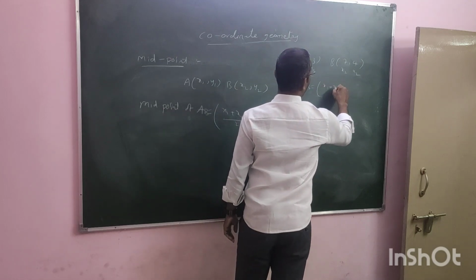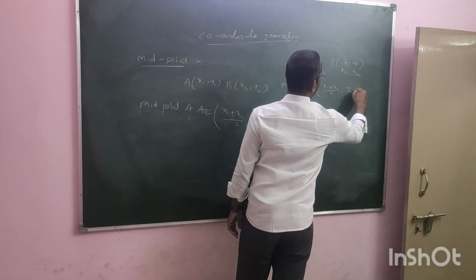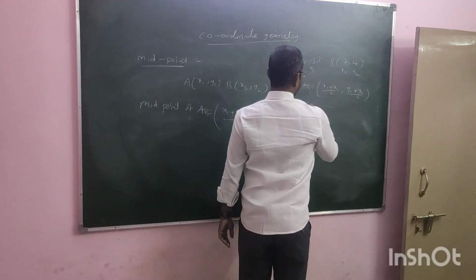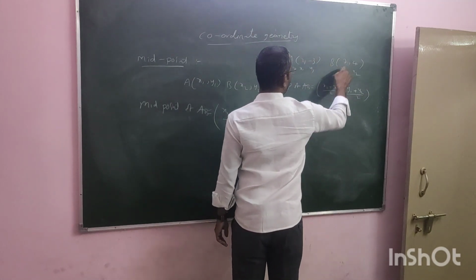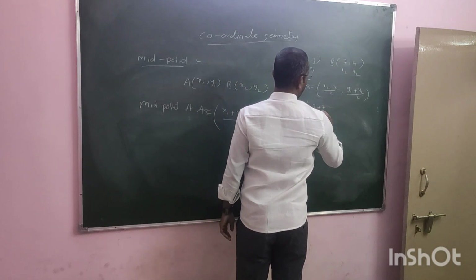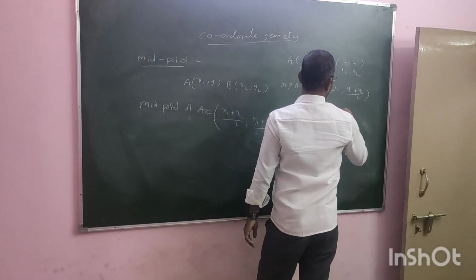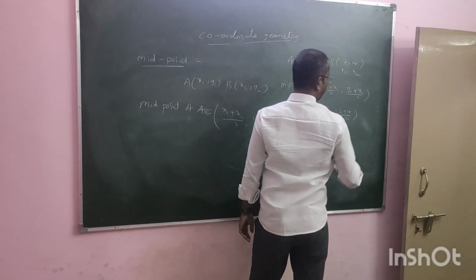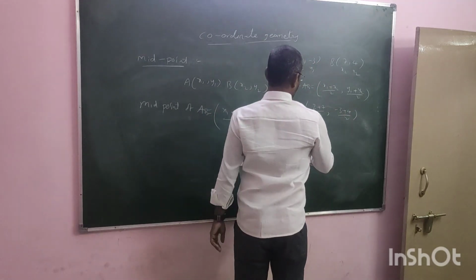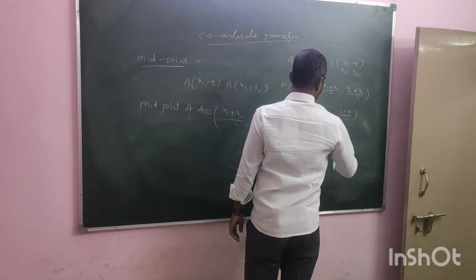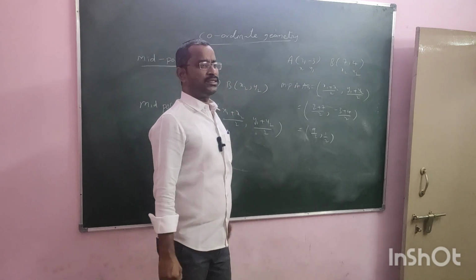Once you can write the formula, x1 plus x2 by 2, y1 plus y2 by 2. What is x1 plus x2? 2 plus 7 by 2, first one plus first one by 2. Next, minus 3 plus 4 by 2. What do you get? 7 plus 2, 9 by 2. Minus 3 plus 4, how much do you get? 1 by 2. That's it.